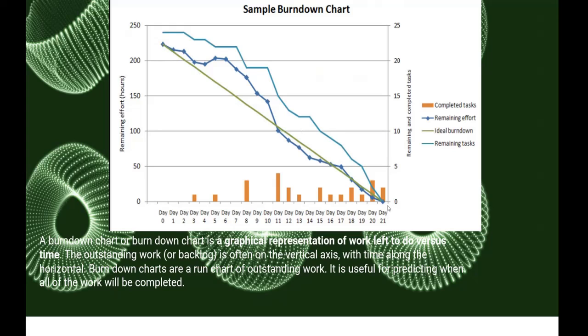We are thinking that the project should be done in day 21, right? This is the completed task, and this is the remaining. This is the ideal burn down that we are thinking we will complete all the tasks in day 21, and then this is the remaining task.